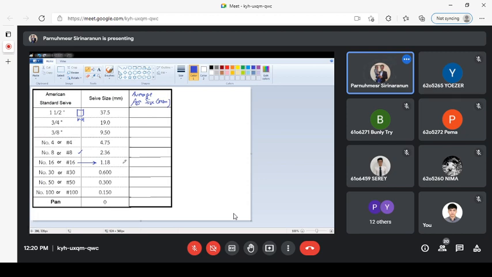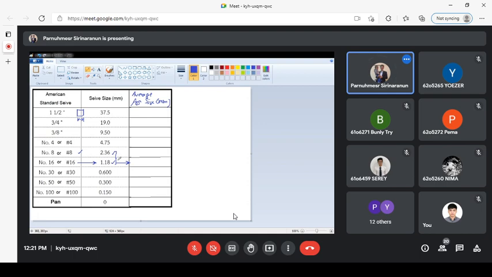How to find the average aggregate size for each sieve? It can pass this number and retain on this number. What does it mean? So your aggregate size is between these two numbers. Okay? Yes.